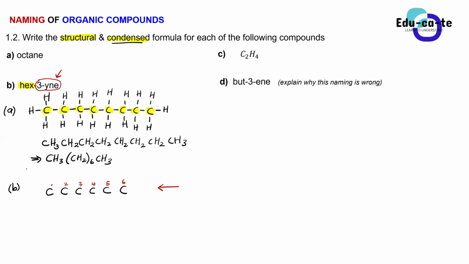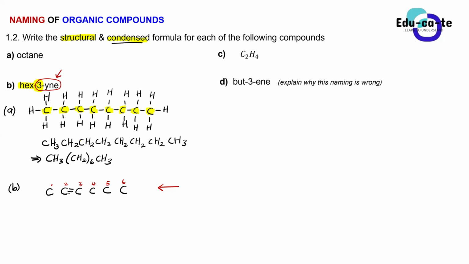But now this 3 specifies that this triple bond, which is the functional group for alkynes, is found on carbon number 3. So your carbon number 3, you count them, 1, 2, 3. And when you reach carbon 3, you put the triple bond. Here's a triple bond.